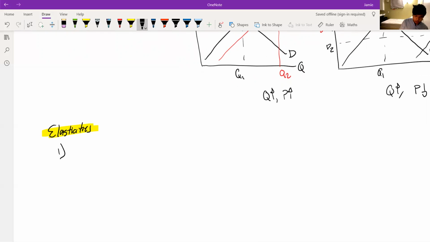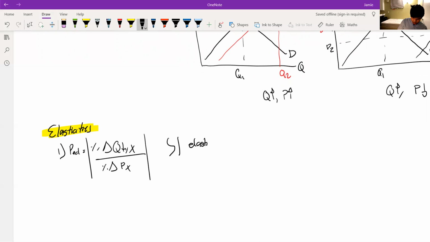There is price elasticity of demand. Very straightforward formula. Percent change in quantity of X over percent change in price of X. Take the absolute value of that. If the value is greater than 1, it's elastic. If it's equal to 1, it's unit elastic.